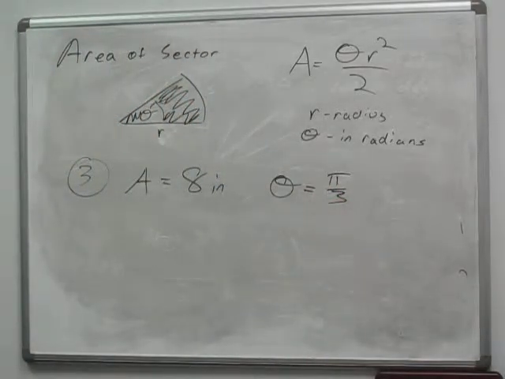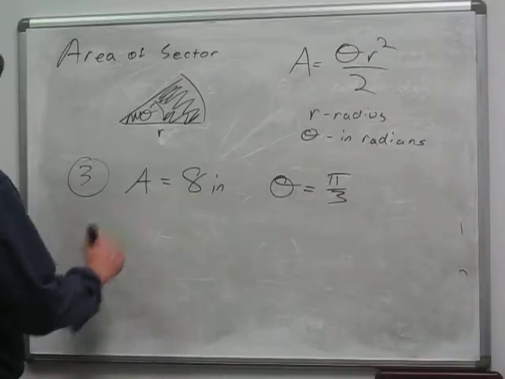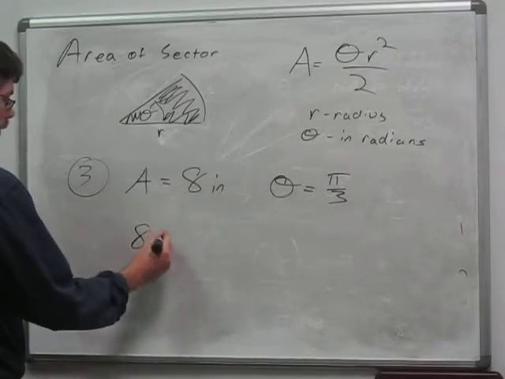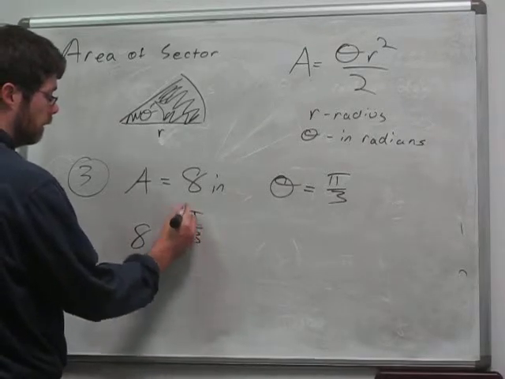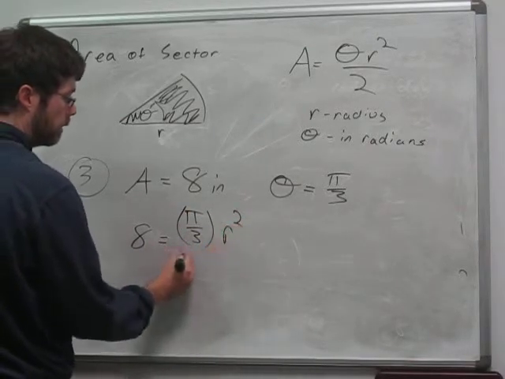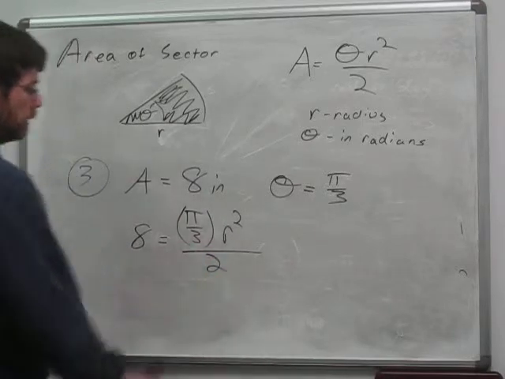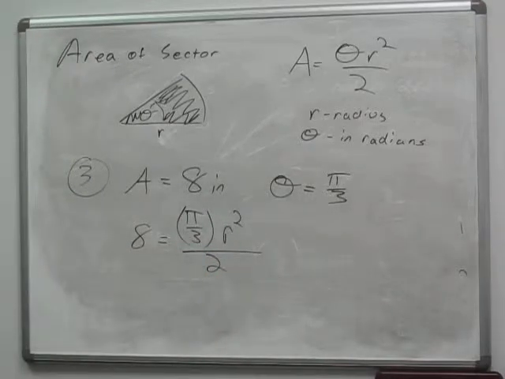We want to solve for the radius. Alright, so the area of the sector is 8 inches. That's going to be pi over 3 times the radius squared, all divided by 2.